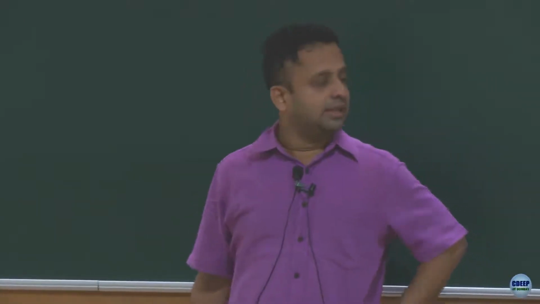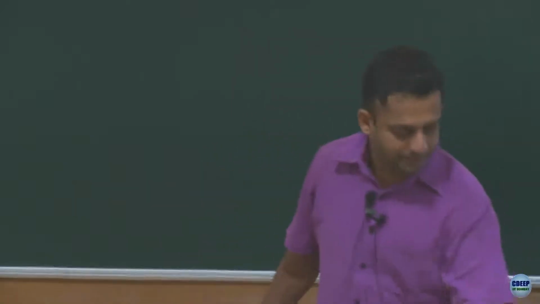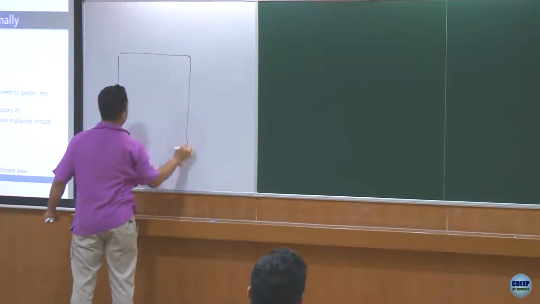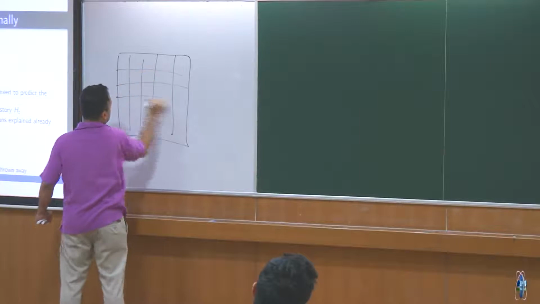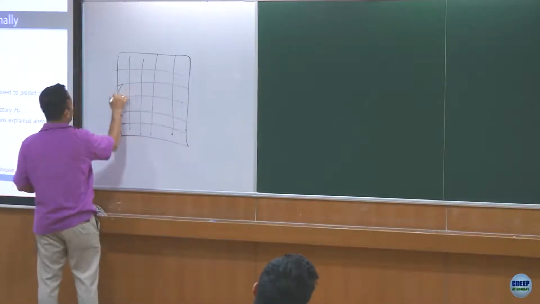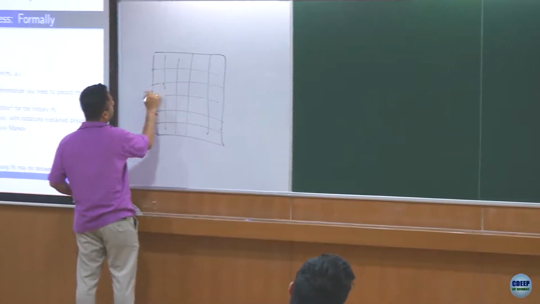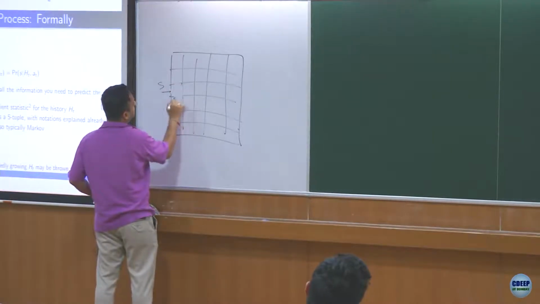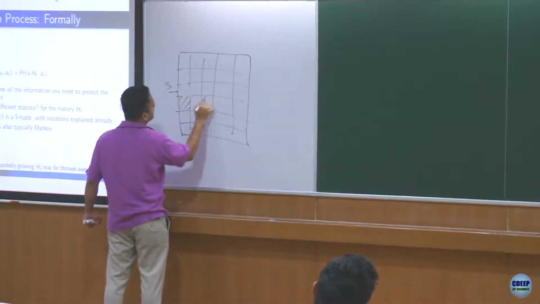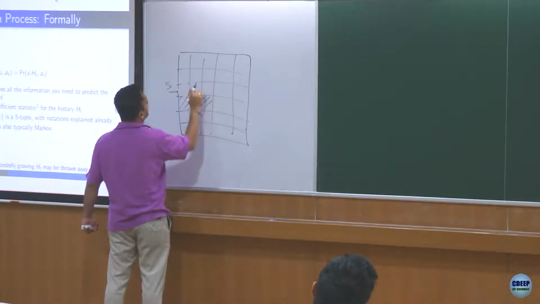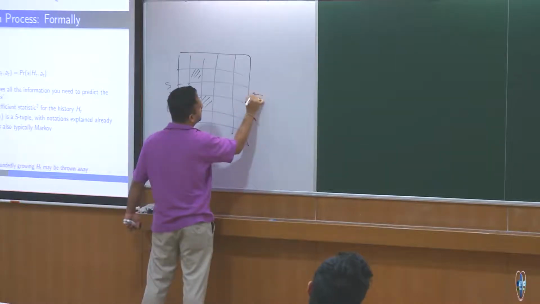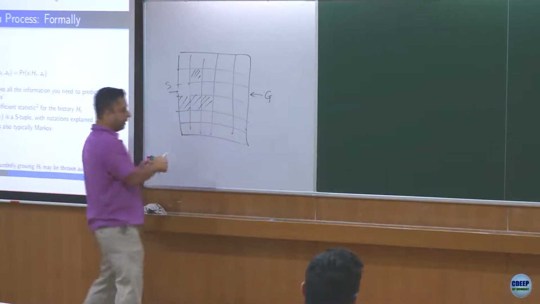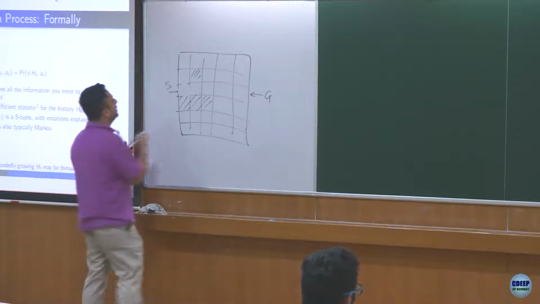Okay, and I'll give one more example to motivate this, but let's say we have this maze. Let's say this is the start state, certain cells are shaded out, and this is the goal state, and we want to find a path from the start state to the goal state.